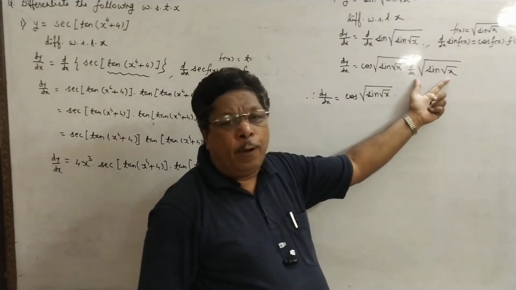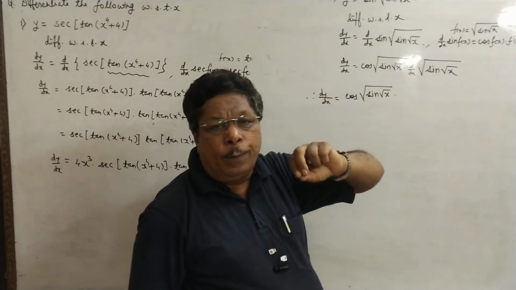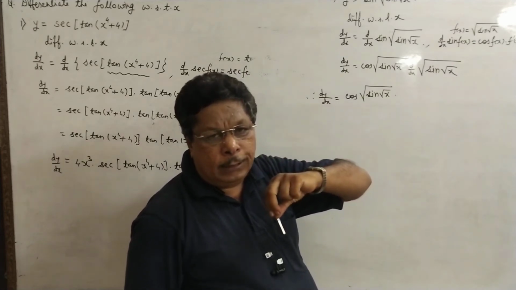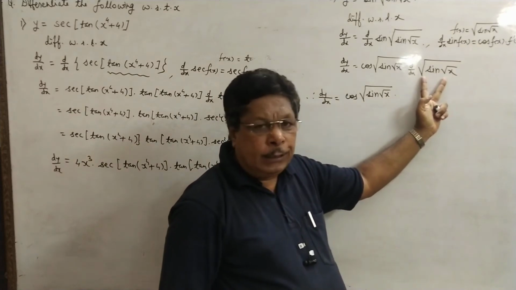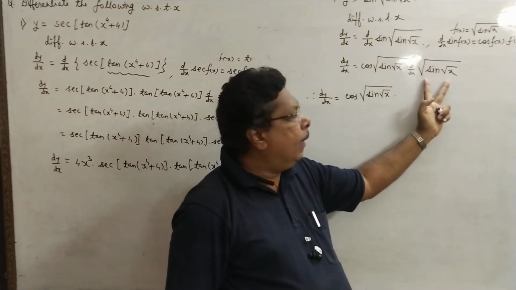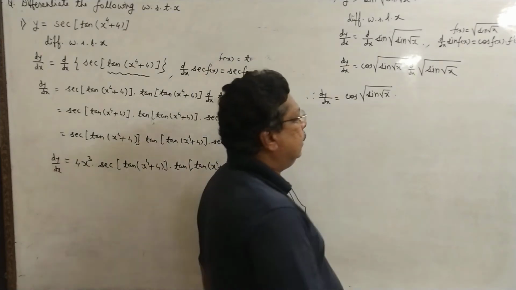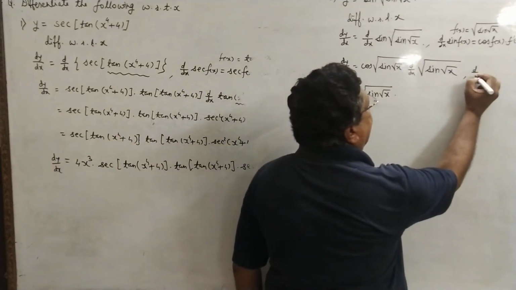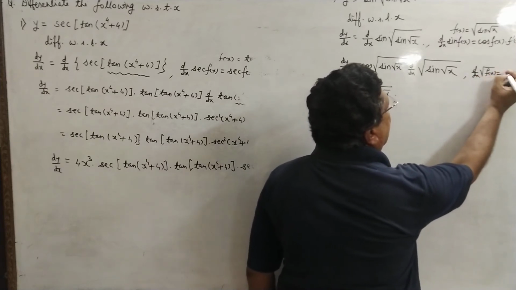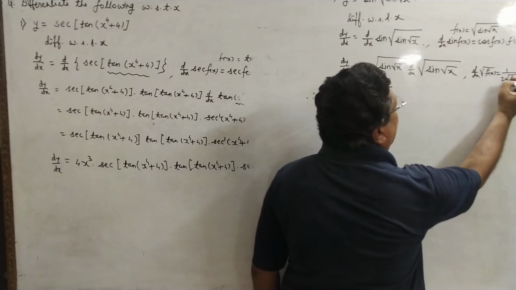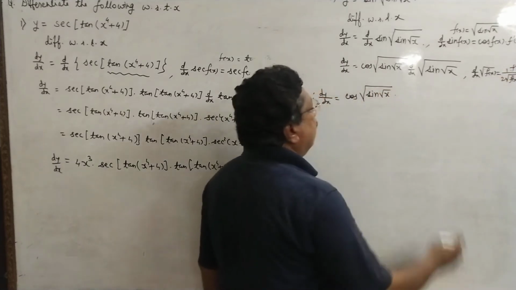Now here use the formula derivative of root x. We know that derivative of root x is 1 upon 2 root x. Similarly, derivative of root fx is equal to 1 upon 2 root fx into f dash x.